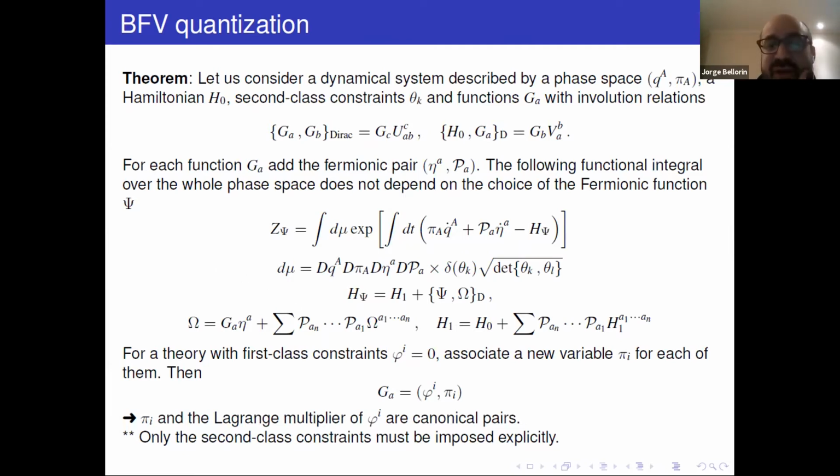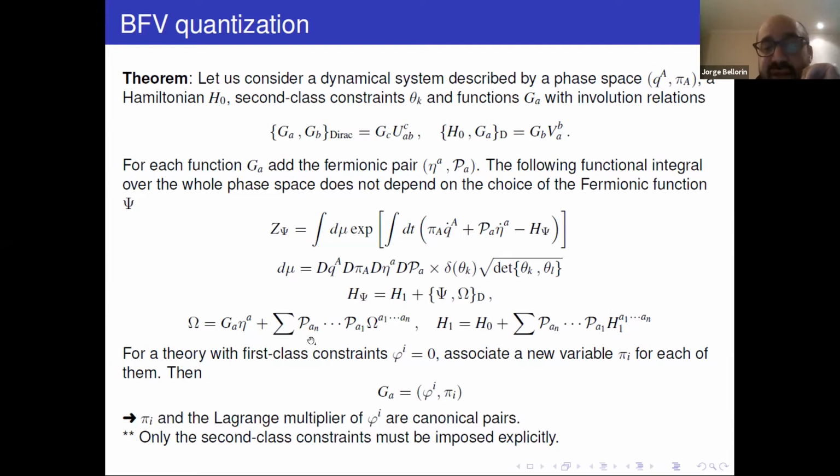You have to eliminate these degrees of freedom and the gauge symmetry, but they are incorporated in a very indirect or very clever way by incorporating them into the BRST charge, the BRST generator, and the BRST generator, of course, modifies the Hamiltonian because you have to define a gauge fixed Hamiltonian. So in some sense, this is similar to the standard BRST approach of the Lagrangian, but in the Hamiltonian formalism, and the object that plays the role of the charge is this one.